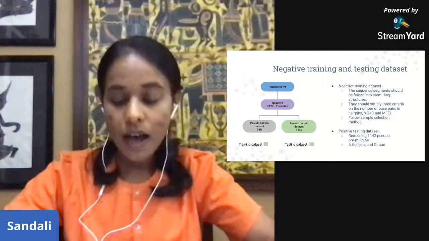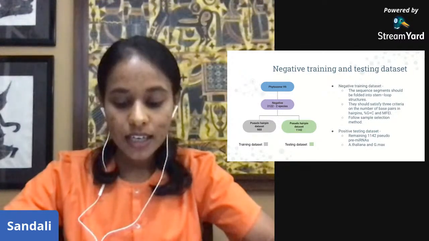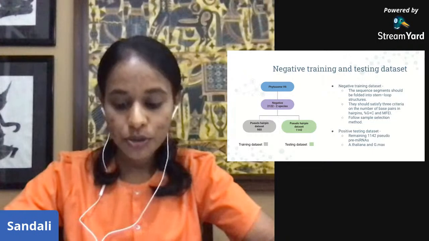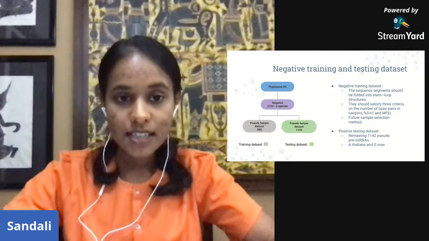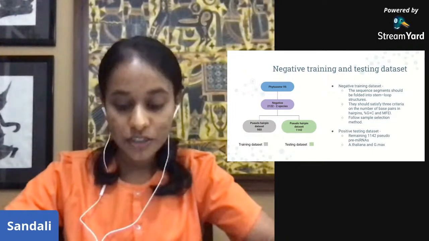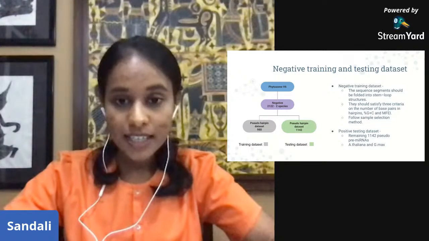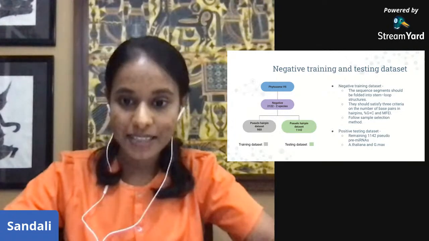Following the same sample selection method, 980 pseudo-hairpin sequences were selected as the negative training set, and the remaining sequences were taken as the negative testing set.